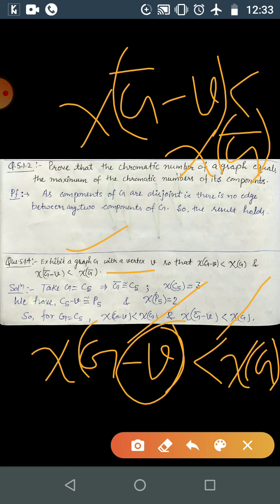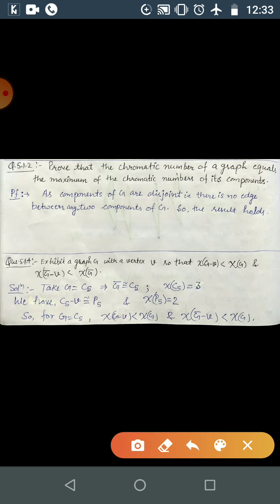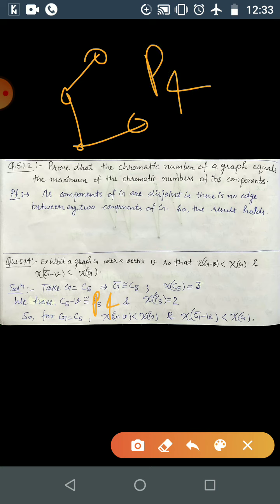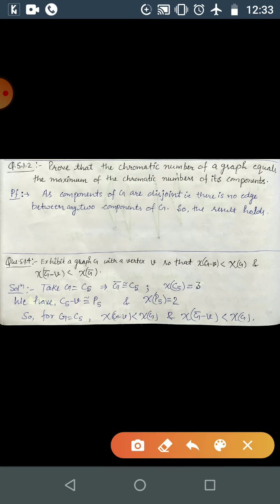So this is wrongly written, this would be P4, because if you remove one vertex, then it will be kind of this one, because that vertex is gone. So this will be P4, so please make this correct. So P4 also you are getting 2, correct. Anyways, here it should be P4, also it should be P4.